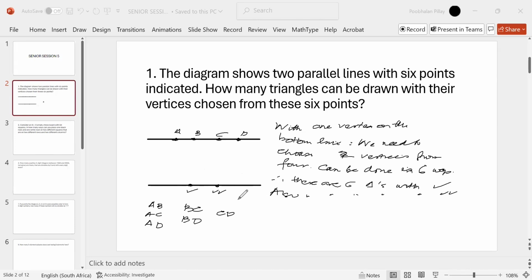So it means that therefore you've got 12 if one of the vertices is on the bottom line, in the line below.